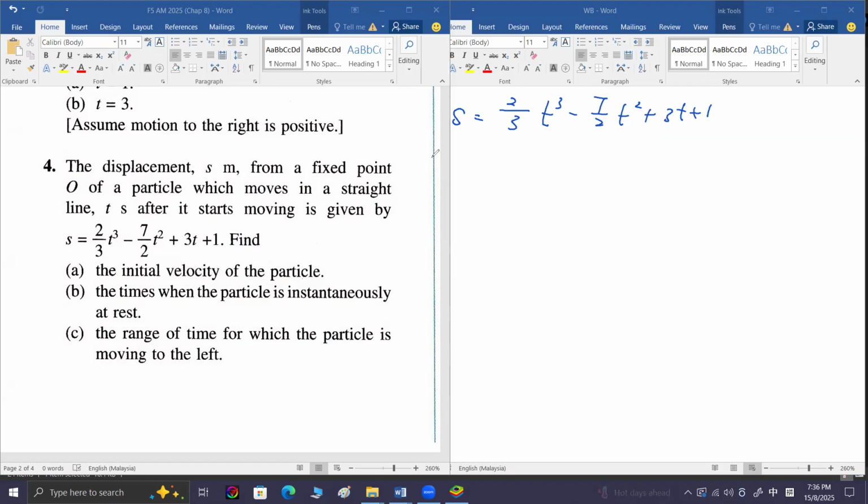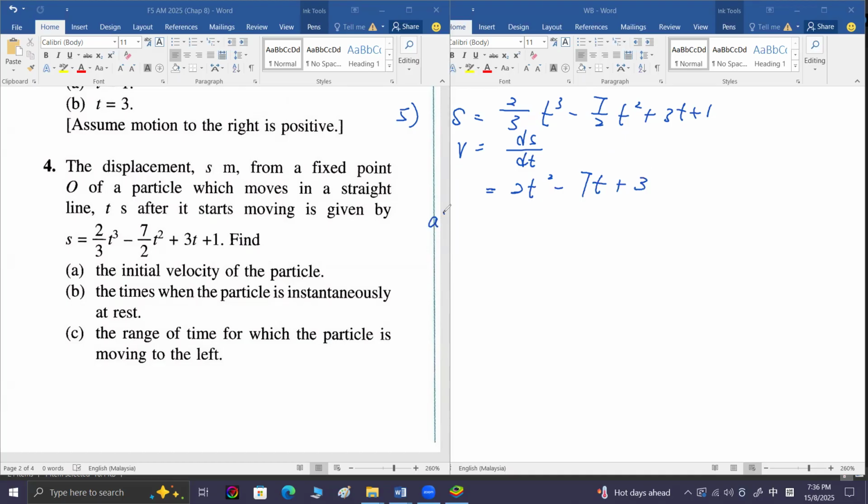Once you see the word velocity, I know that I need to get V, so I do ds dt. Yeah, ds dt. So you get 2t squared minus 7t plus 3.